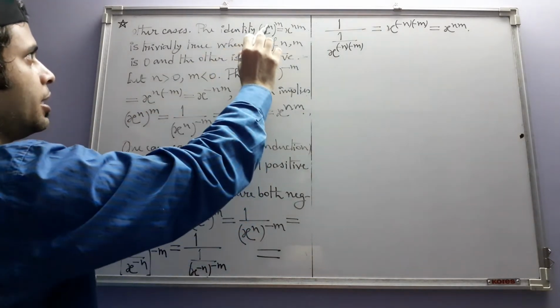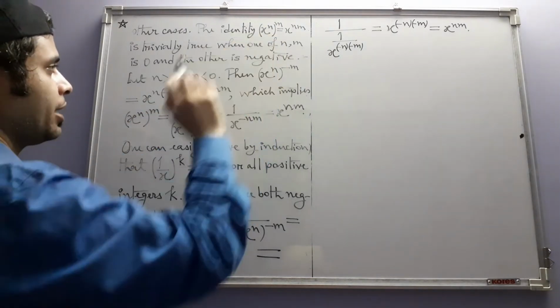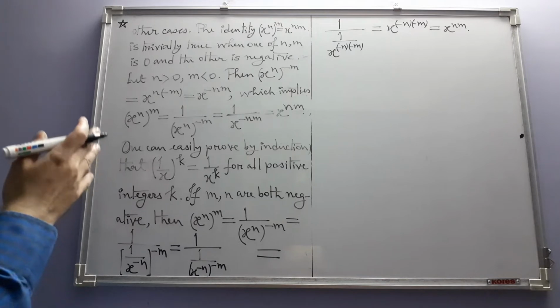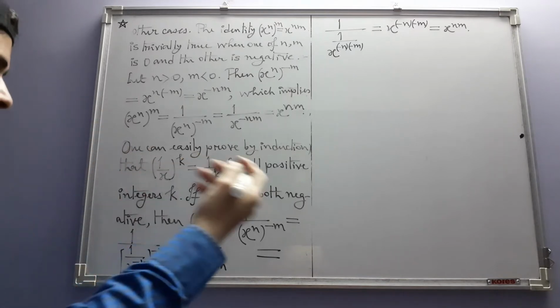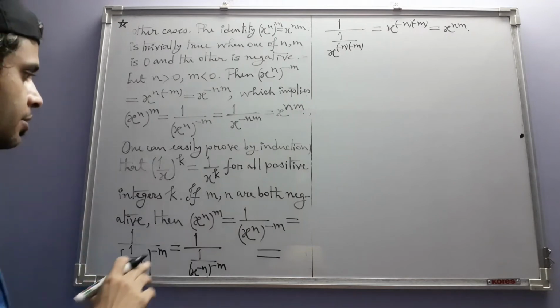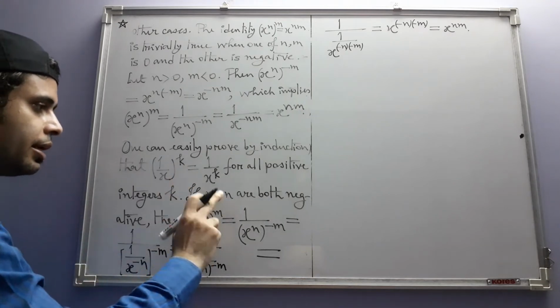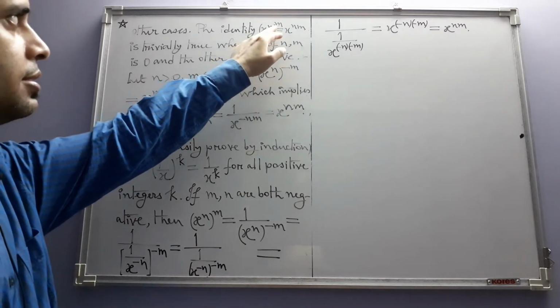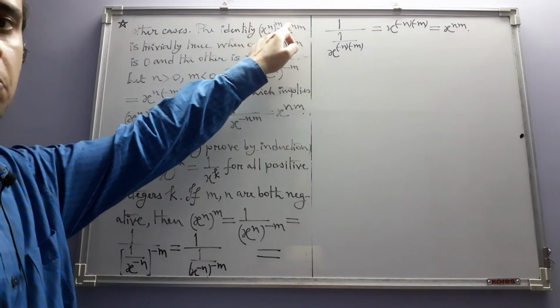We have considered n to be positive and m to be negative. And if both n and m are natural numbers, that is there in the previous proposition. Then here we considered m and n to be both negative, but we still have one more case: n is negative and m is positive.